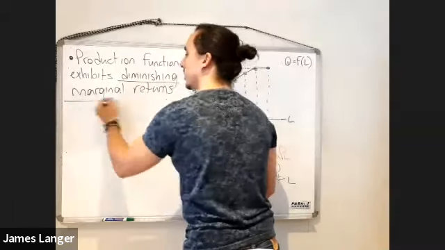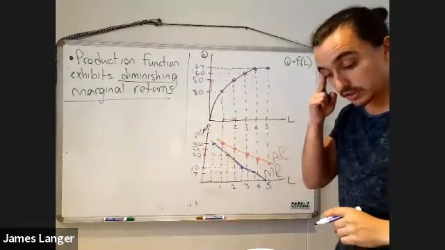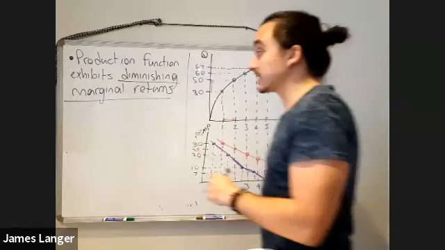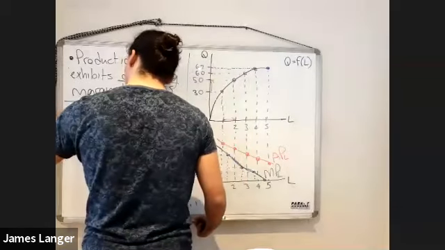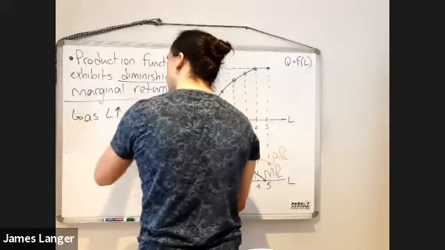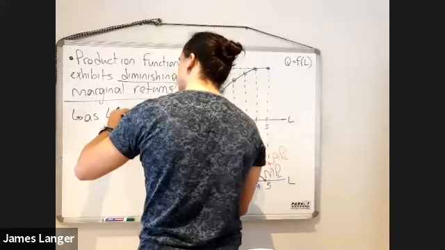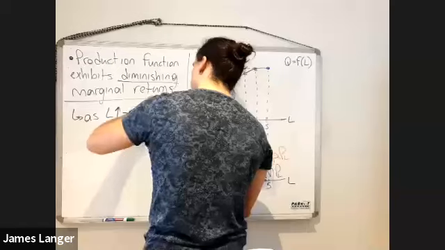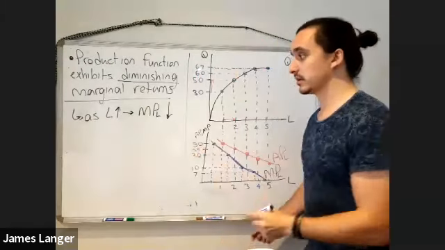Okay, diminishing marginal returns. What this is saying is that as labor increases, the marginal product of labor decreases.